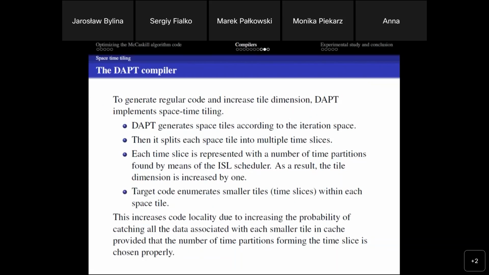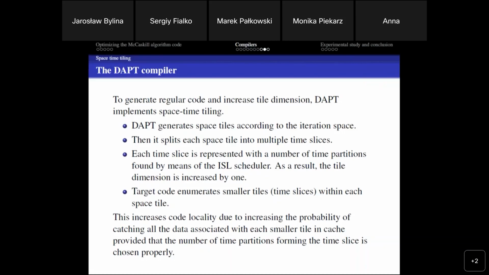So we freeze tiles which have some dependencies, and we make some space of tiles, freeze them until the moment that they can be executed, when all sources of the dependencies in this tile have been executed earlier. So this is the space-time tiling.